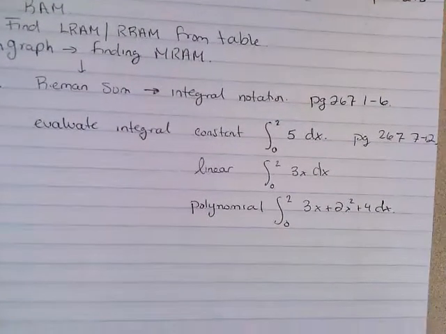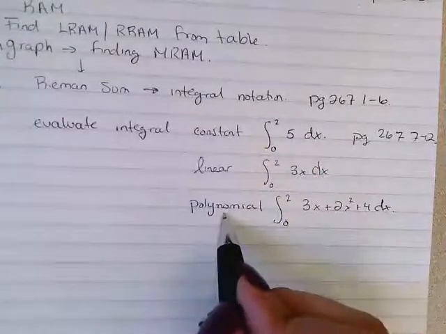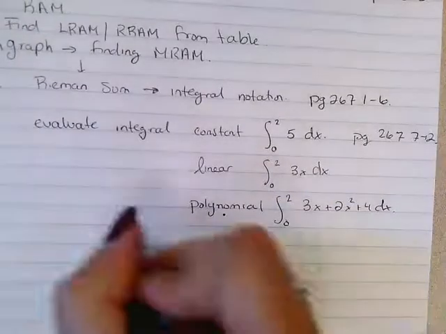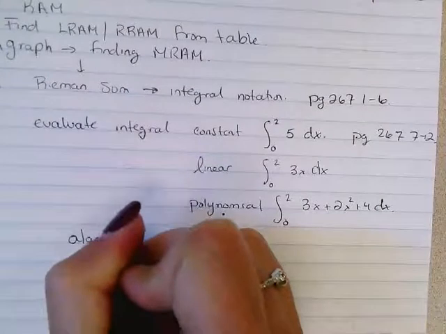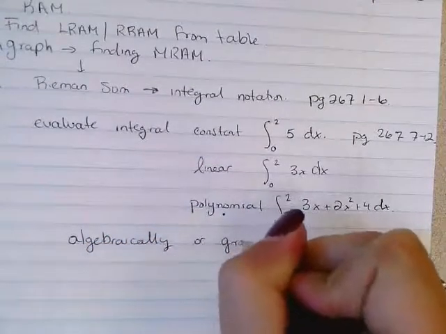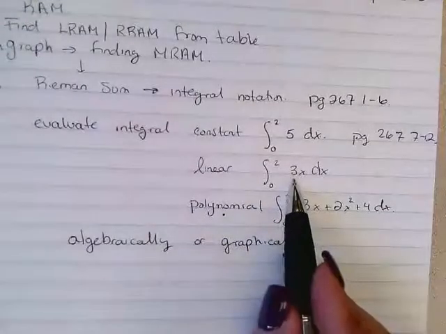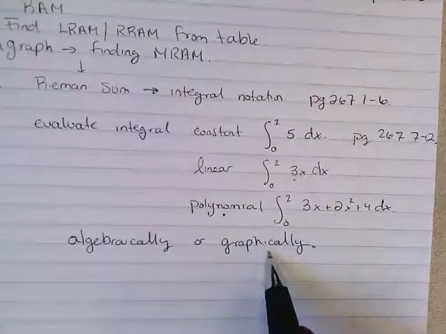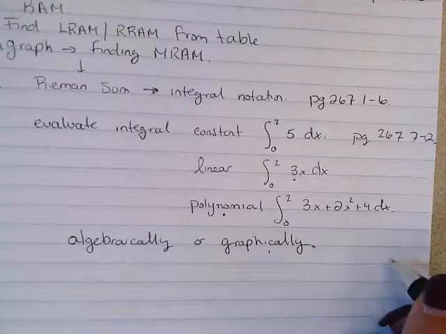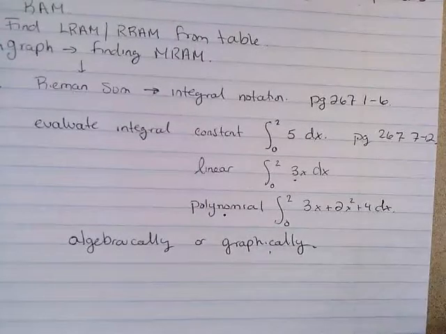Okay, and remember that you're not just going to be evaluating them algebraically. You're also going to be evaluating them graphically. So algebraically or analytically, whatever you want to call it, or graphically. So taking the linear function, graphing it, and then from the graph finding the integral, the area under the curve.